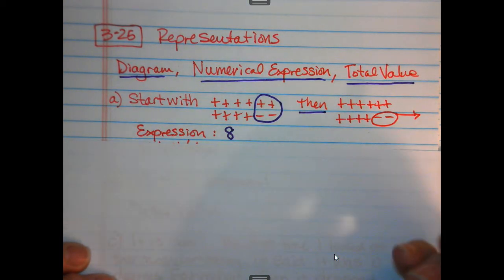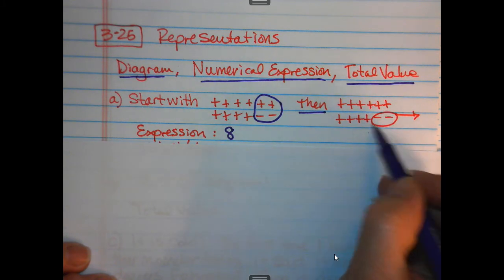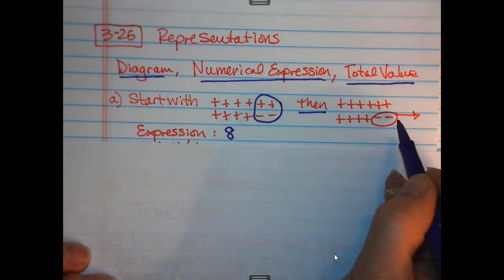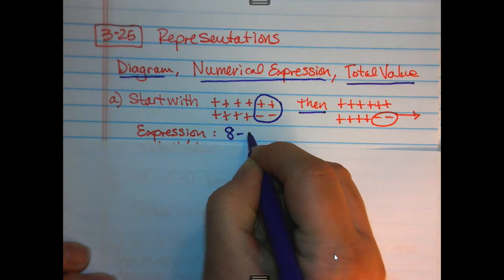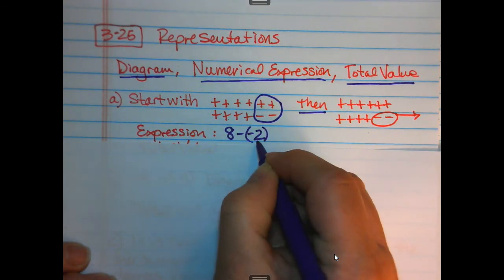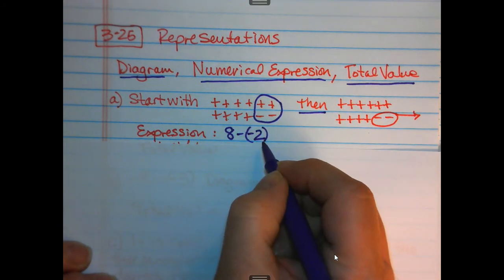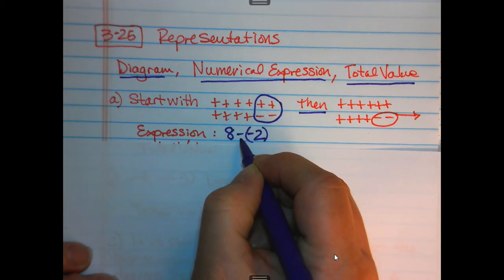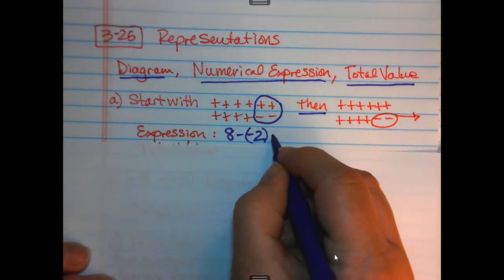Now I have to look and see what happens. The arrow is drawn around it. We have a circle around 2 negatives. They're going away. So I'm subtracting negative 2. Again, you don't have to have the parentheses in there. I like to put them in there when I'm writing problems so that I can separate the operation and the symbol for the number.